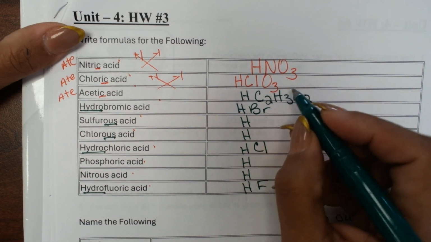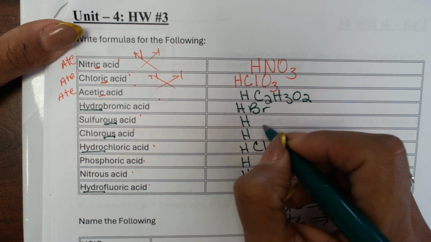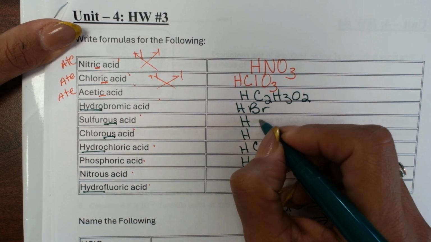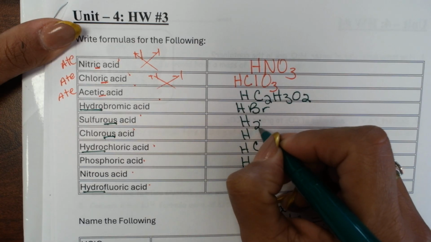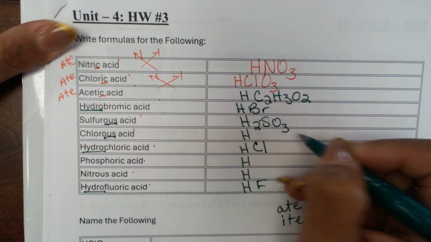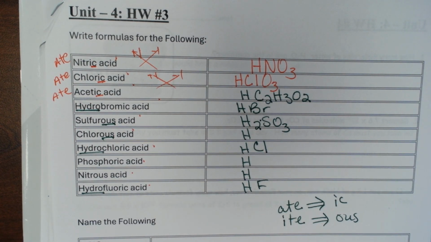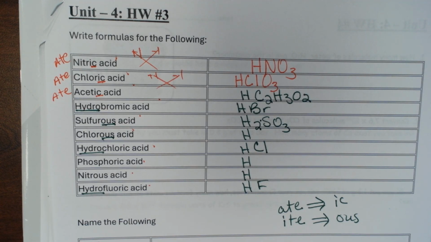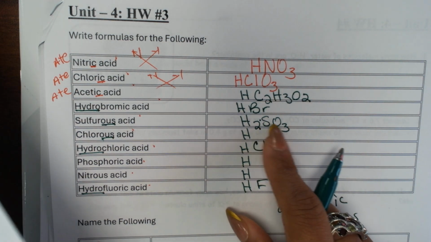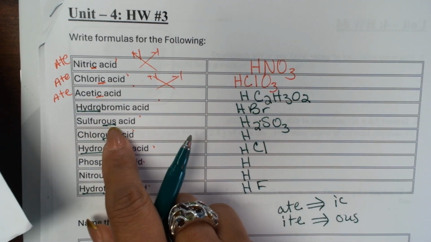So over here I've got Br, then this one over here is H2SO3. And remember that SO3, which is the polyatomic, is not going to have parentheses. Why? Because the hydrogen had a +1 charge that crisscrossed over. Let me double check, I could have messed that one up. SO3.